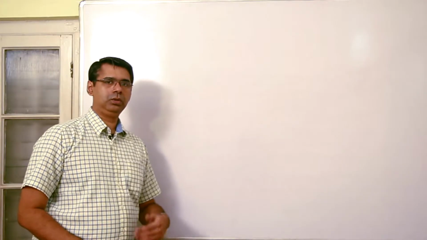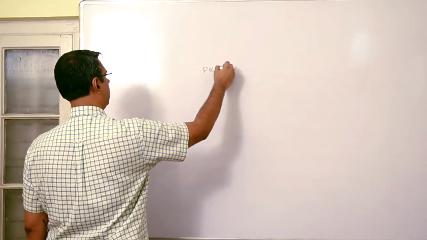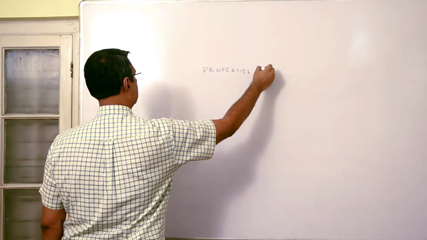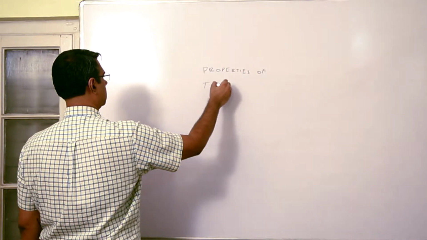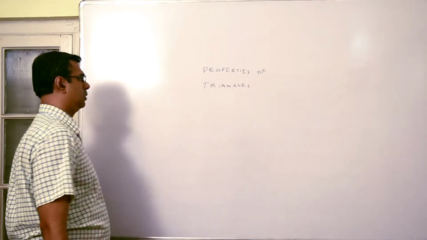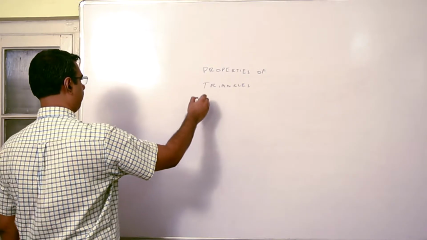Now we will move on to the next chapter and the formulas in that chapter. This is properties of triangles. So we will now discuss the formulas of properties of triangles.